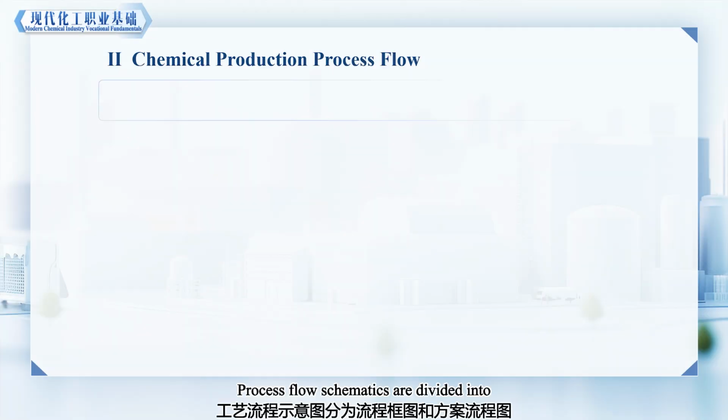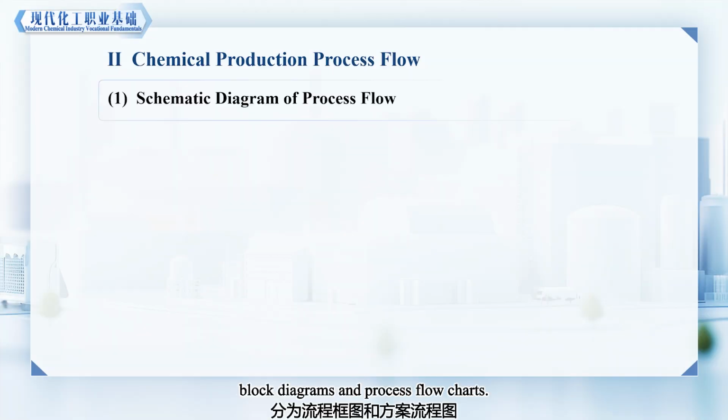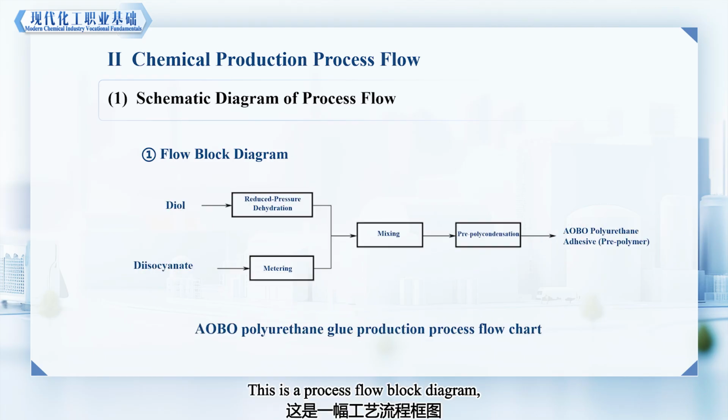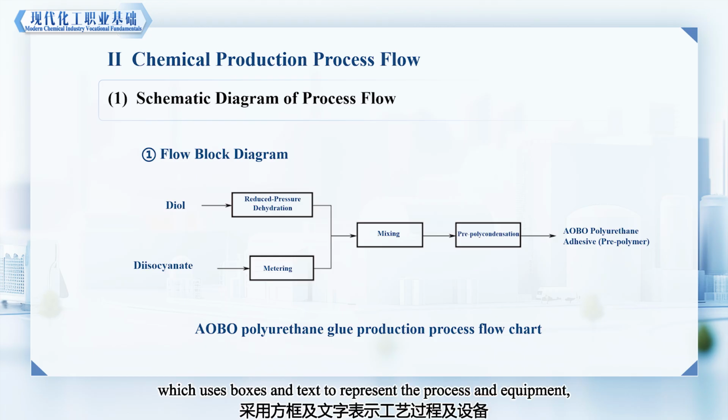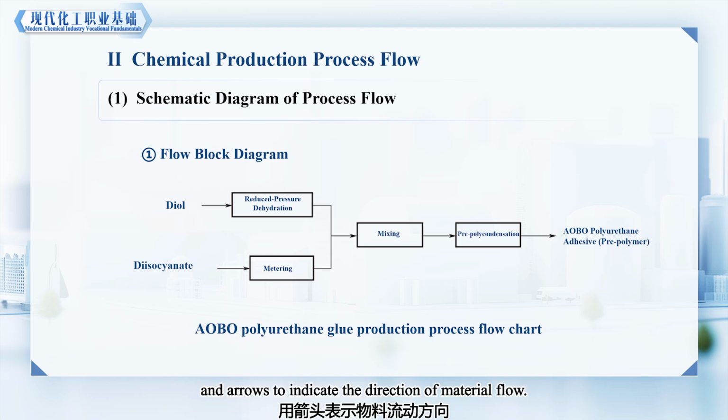Process flow schematics are divided into block diagrams and process flow charts. This is a process flow block diagram, which uses boxes and text to represent the process and equipment, and arrows to indicate the direction of material flow.